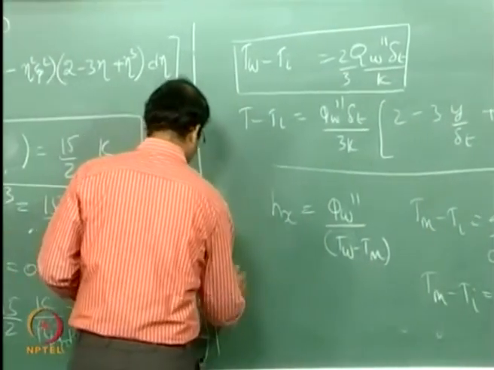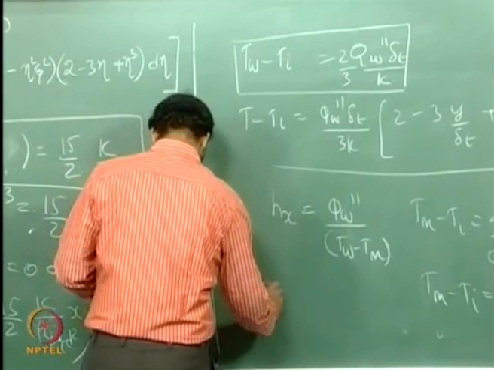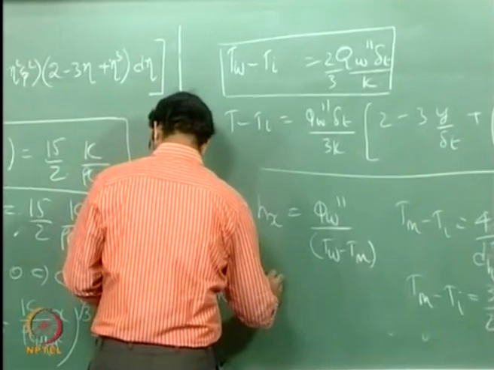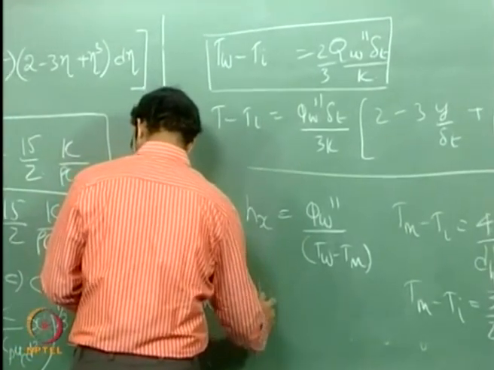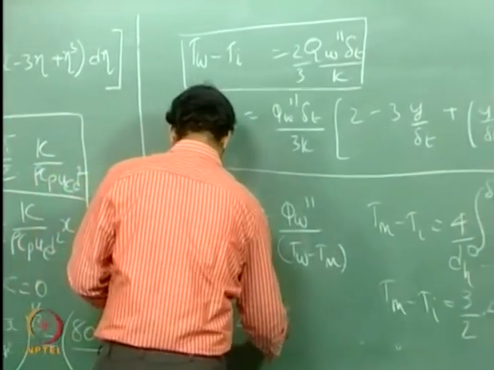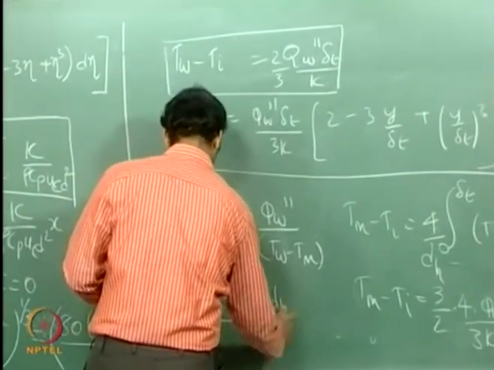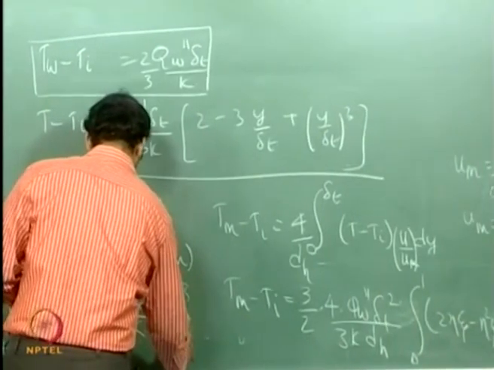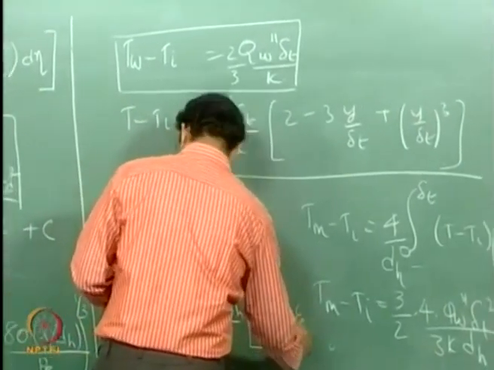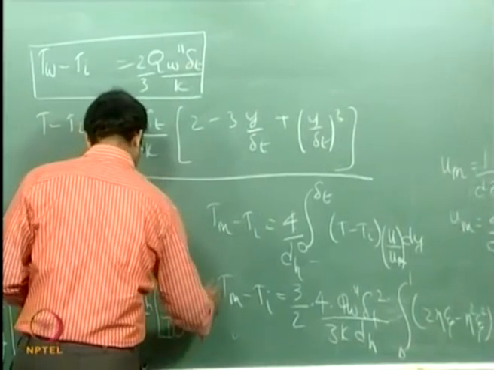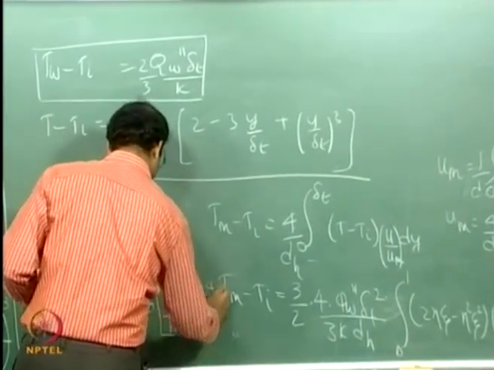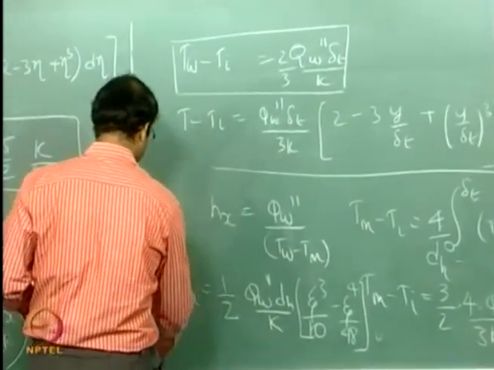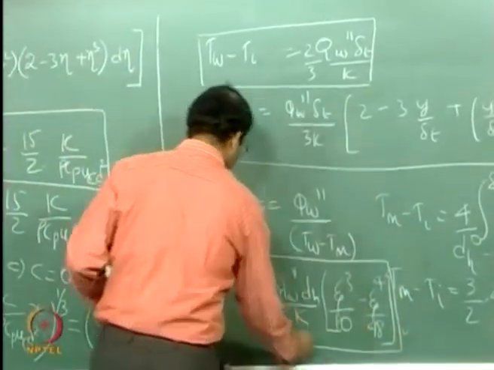So your temperature Tm minus Ti comes out to be 1 by 2 into q wall double prime dH by k into zeta cube by 10 minus zeta power 4 by 48. Okay, so this is the relationship for Tm minus Ti.